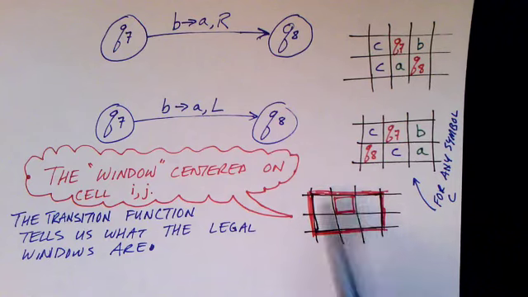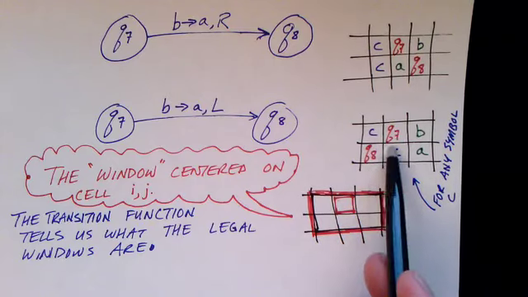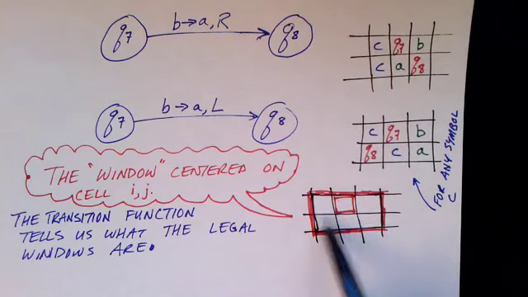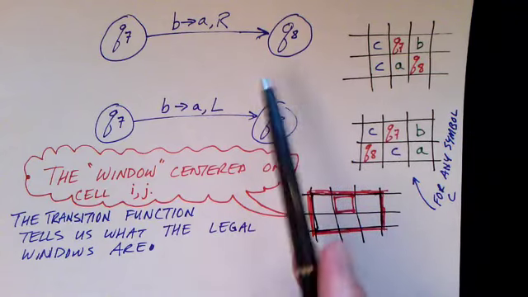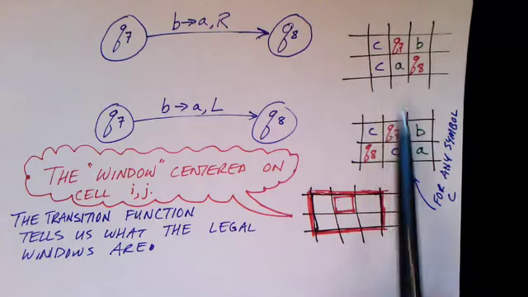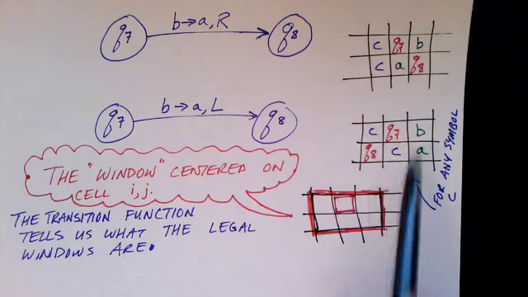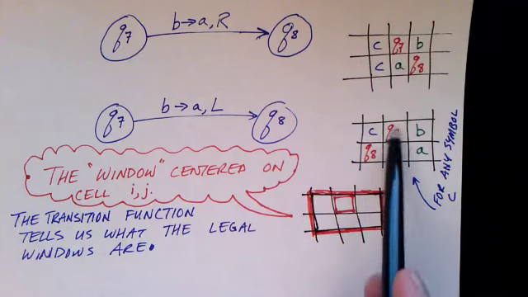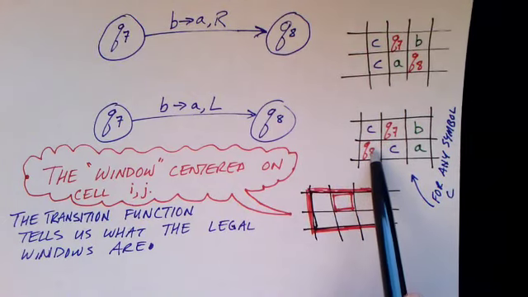And there are lots of these windows all over the table, but for this configuration to legally follow this one, we have certain constraints about what might appear in this, and that's determined by the transition function. If we have these two transitions, then we know that these two pictures are okay. Any table that contains a window that's centered on Q7 that looks like either this or this would be okay.